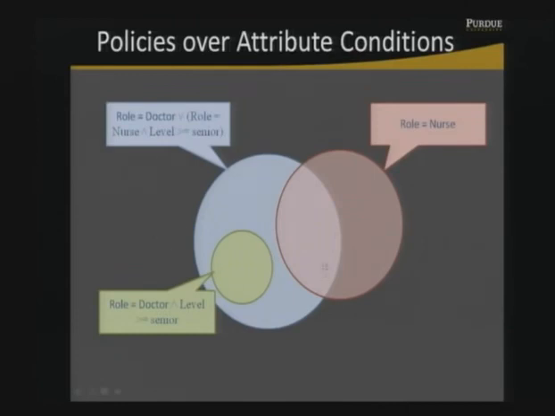And we say that a user becomes a member of this group if the user's attributes satisfy this policy. For example, in order to satisfy this policy, either the user needs to be a doctor or the user needs to be a senior nurse. And these groups could have various relationships. They could be completely disjoint, or partially overlapping, or completely overlapping.